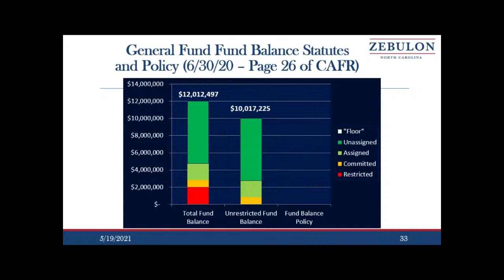It was almost $7.3 million, almost. And then our policy is that it must be 50% of projected expenditures. Well, 50% of our original FY21 budget was the $6,777,000 that you see there.